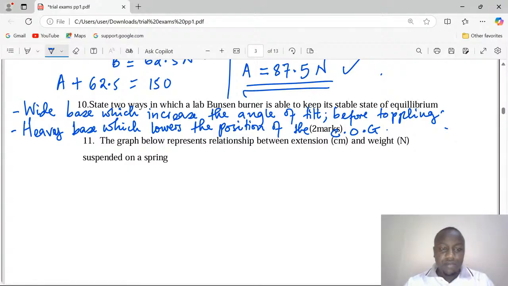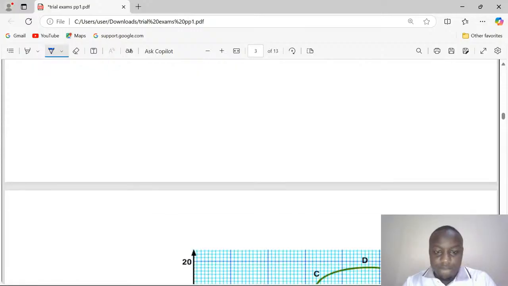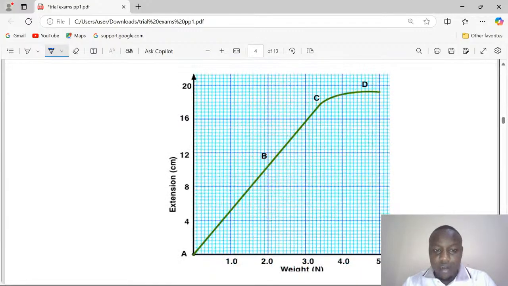Number 11, the graph below represents the relationship between extension in centimeters and weight in newtons suspended on a spring. So we have the graph here. Extension is in centimeters, and we are also talking about the weight in newtons.